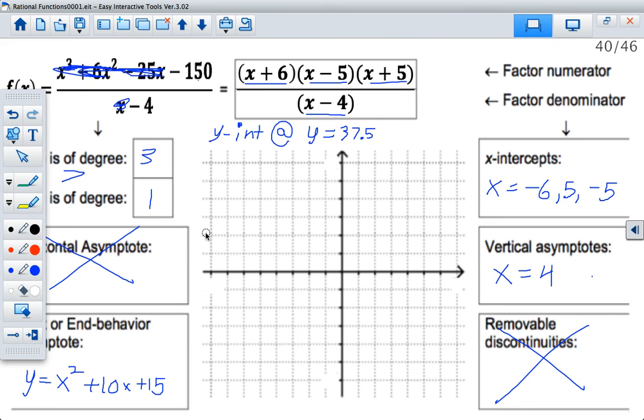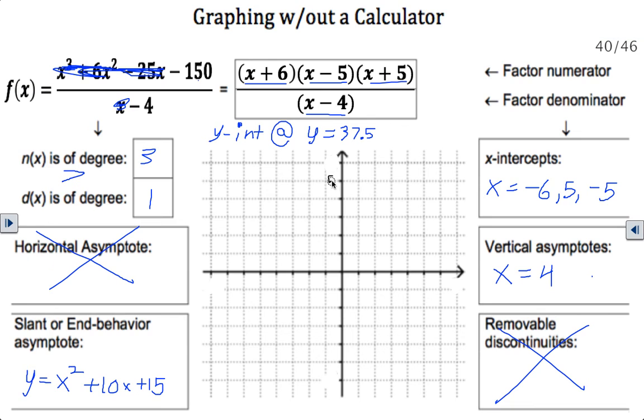All right, so with this one, if my Y-intercept is at 37, I need to have at least probably 50. So if I did 10, 20, 30, 40, 50, that would probably give me an accurate graph. So I do a 50 here, which means I have a negative 50 here, negative 10, 20, 30, 40, 50.